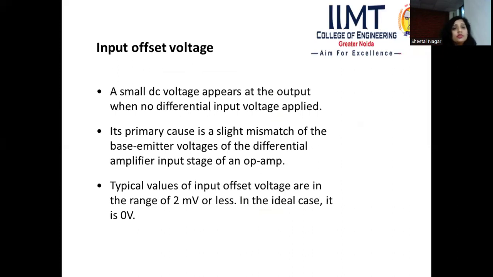Now, input offset voltage. This is another parameter of the operational amplifier. A small DC voltage appears at the output when no differential input voltage is applied.